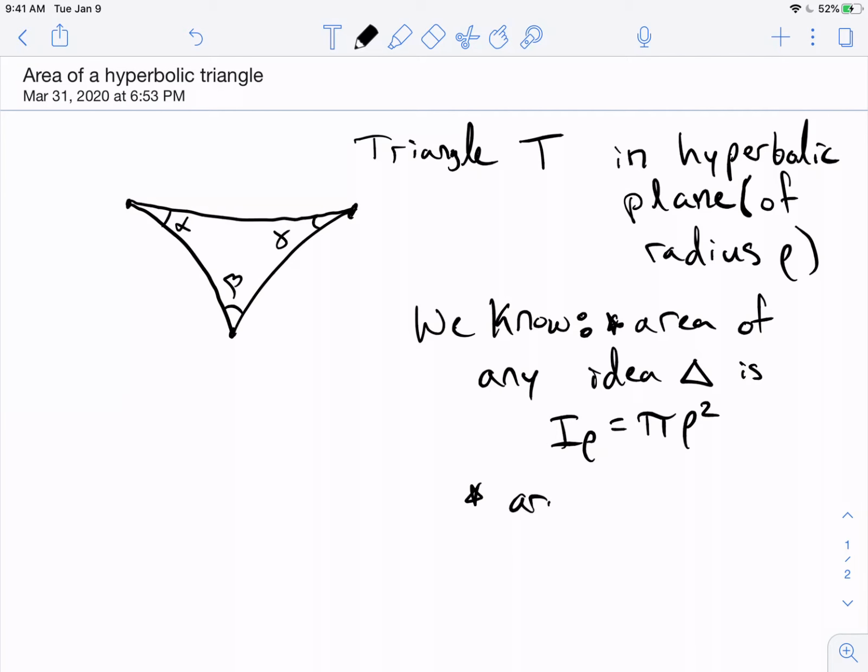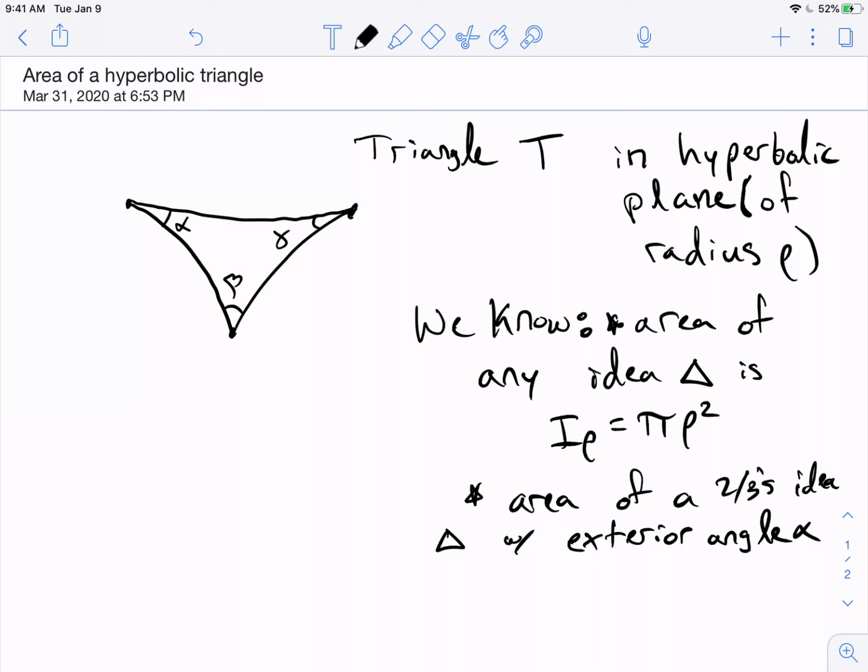And we also know that the area of a 2/3 ideal triangle with exterior angle given by alpha, well, I shouldn't use alpha because I already used it, so let's say given by phi, is, I think we called this A rho of phi, and it is equal to phi over pi times the area of an ideal triangle, so times I rho.